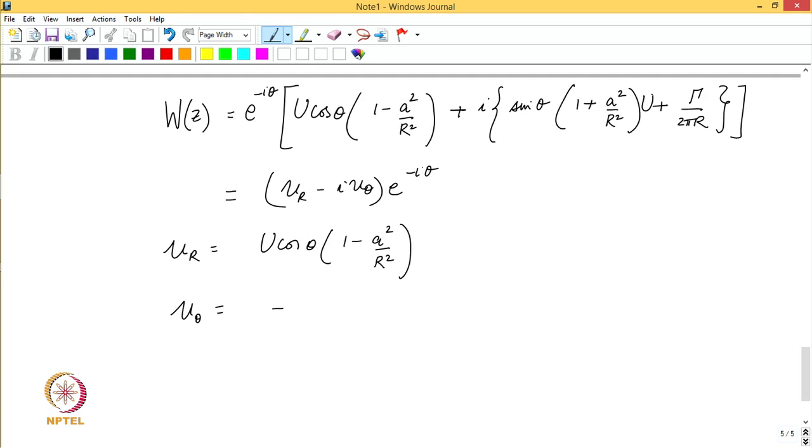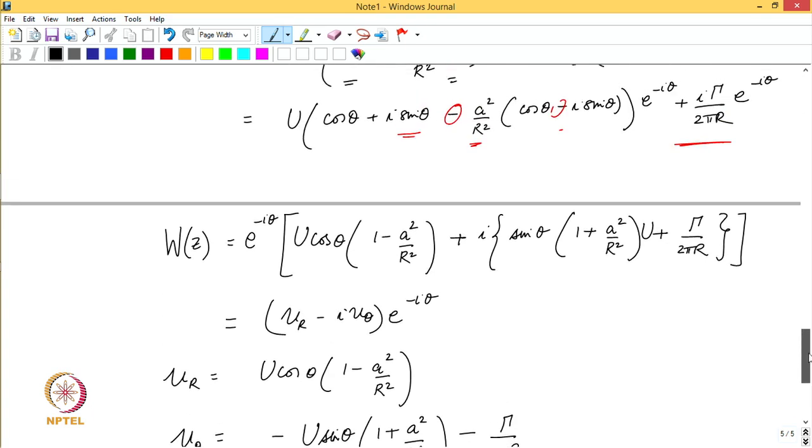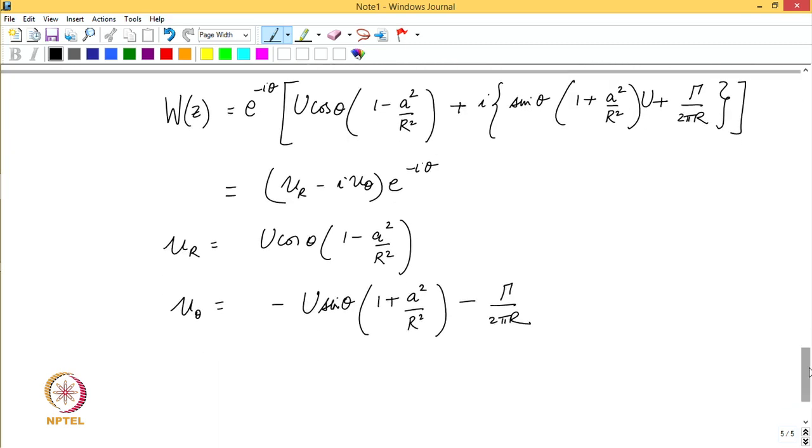There is a u that is missing there. So, it would be minus u sine theta (1 plus a square by r square) minus gamma by 2 pi r, and the negative sign appears because we have a negative sign in front of u theta. Okay. So, that is the reason we get a negative sign with all quantities on the right side of u theta.